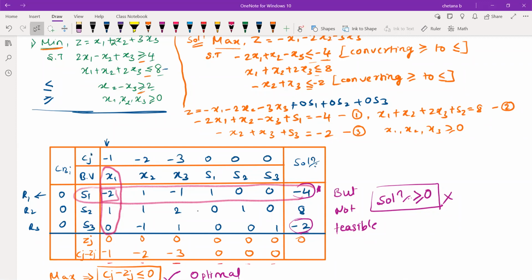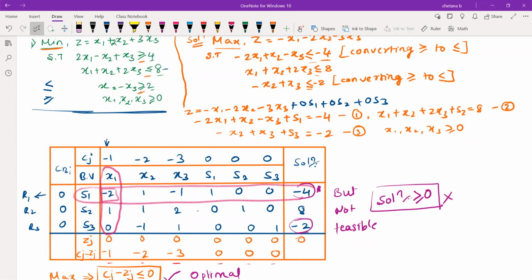If you have more than two or all the variables with negative solution values, then your aim must be to reduce those negative solution values and reach feasibility by converting every solution value to positive, that is, solution should be greater than or equal to 0.